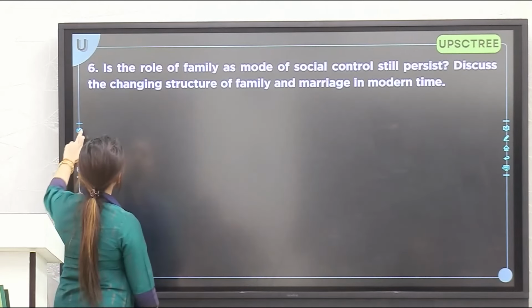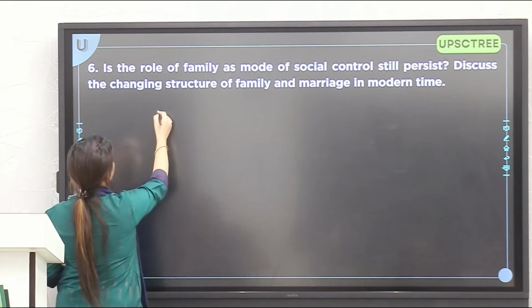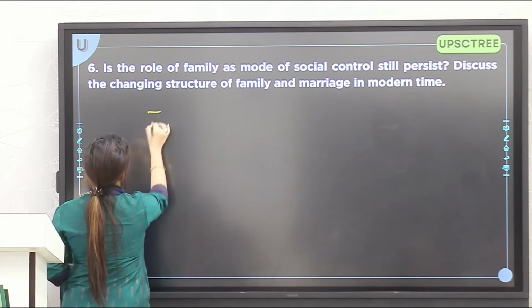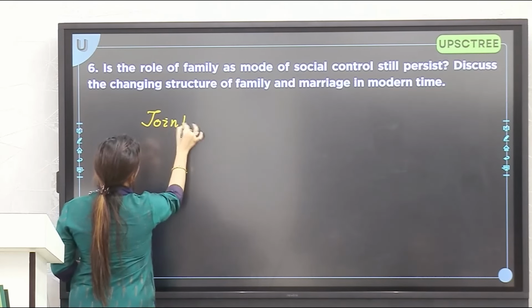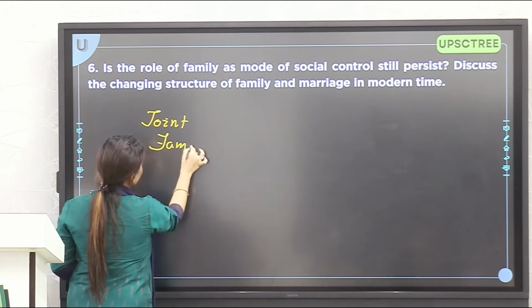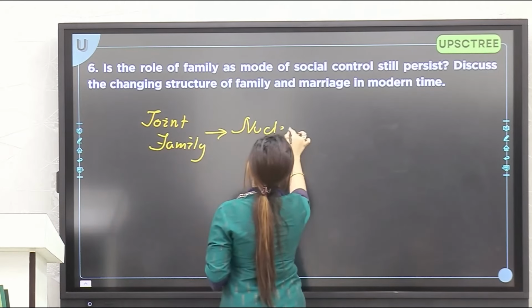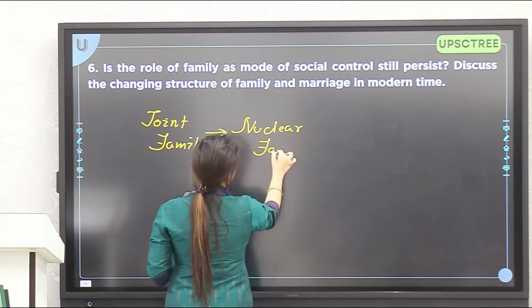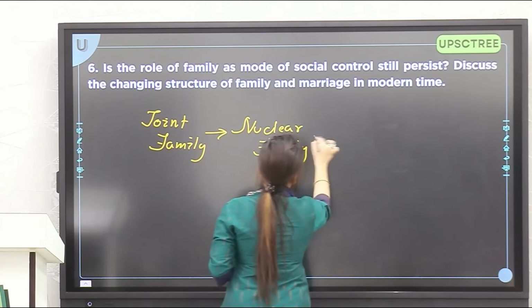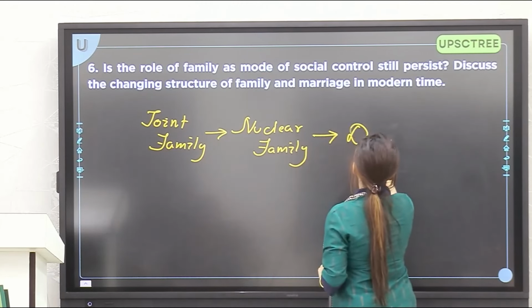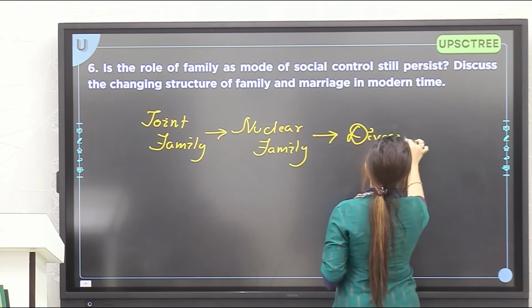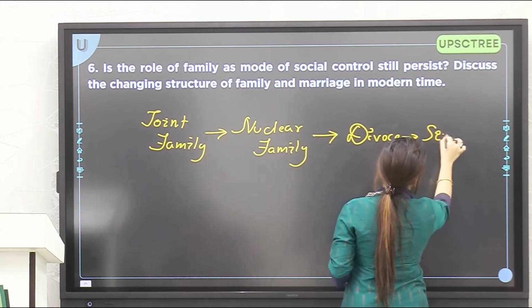Okay, so changing structure of family, you can discuss all of those. Okay, so previously it used to be what? Joint family, then it became nuclear family, right? Now there is increased case of divorce. So you have single parents.